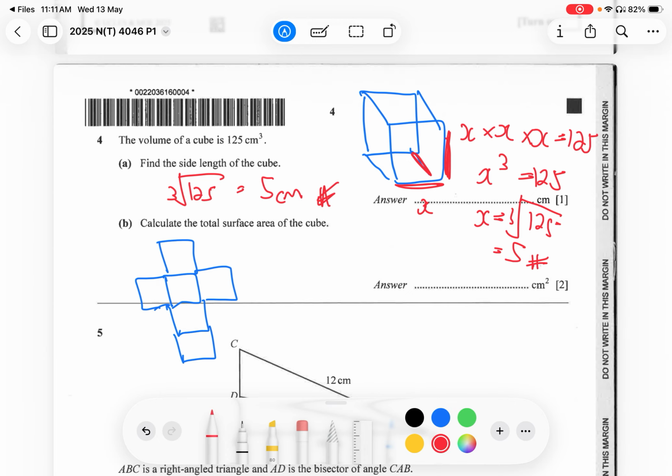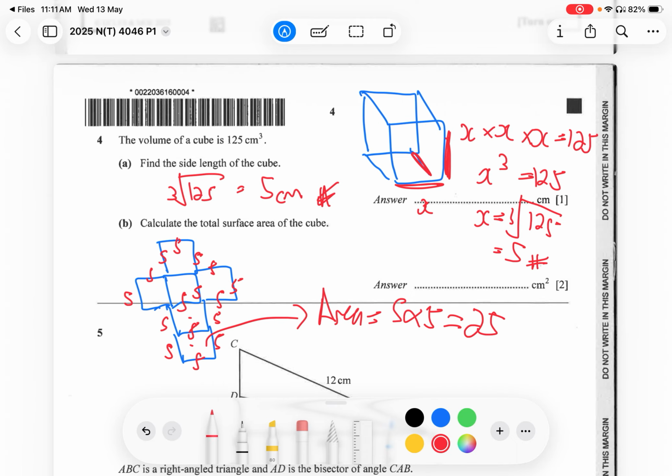Each of these sides is 5 cm, because for the cube all the sides are the same. So the area of one side is 5 times 5, which is 25. There are 6 sides. So the total surface area is 6 times 25, 150 cm cubed. This will be the surface area.